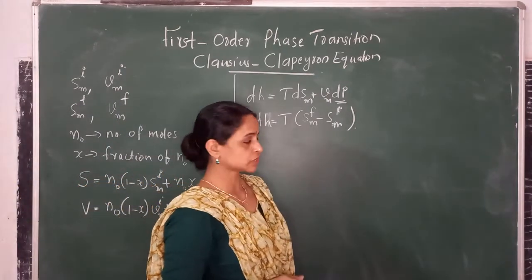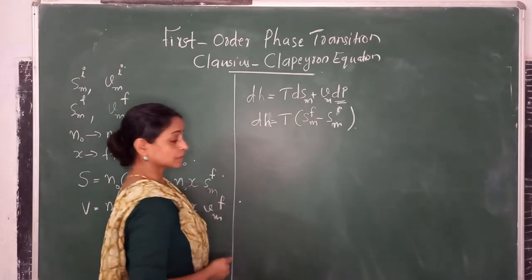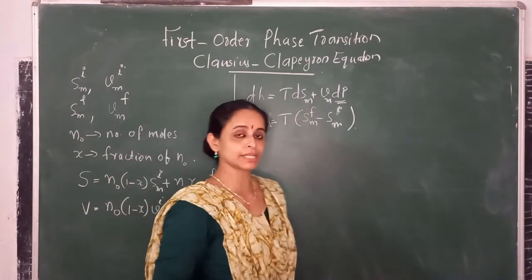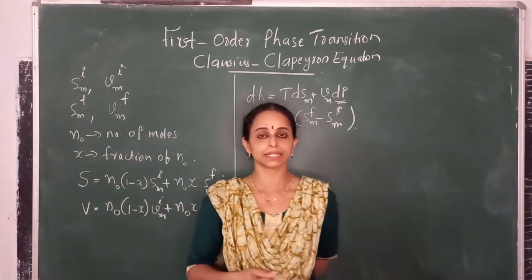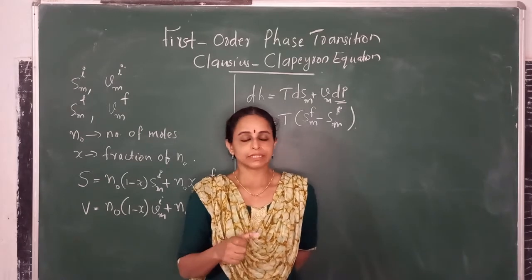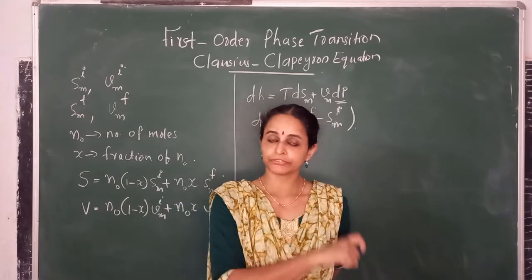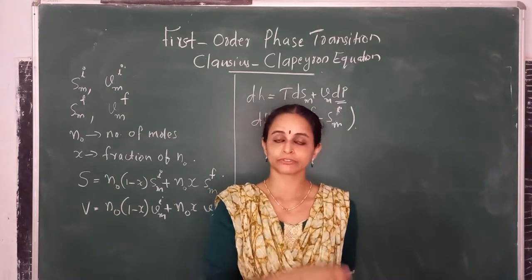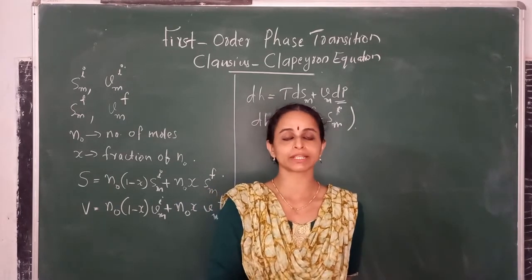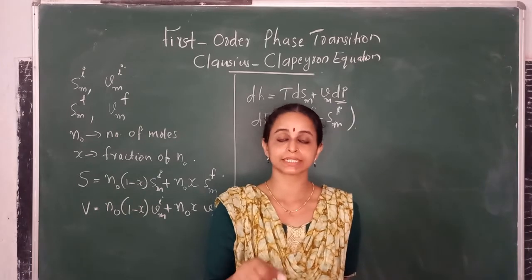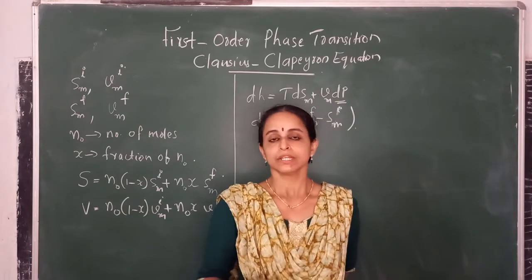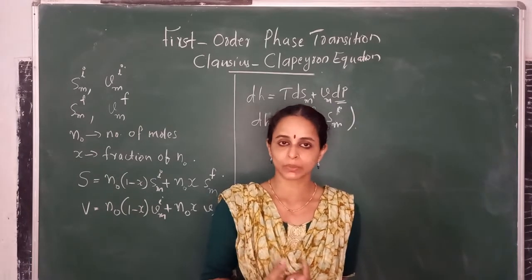And also we can write the Gibbs energy. We have already discussed earlier that the Gibbs energy is constant before and after. So for the initial phase there is some Gibbs energy, G dash if it is solid, and G double dash for liquid.